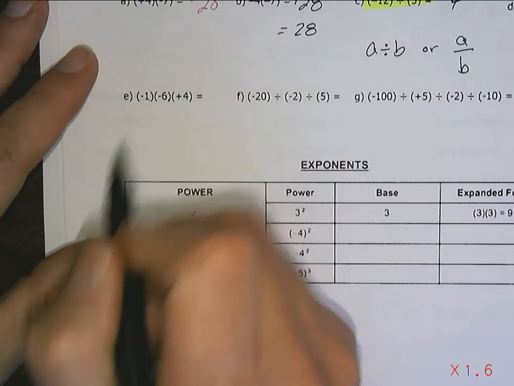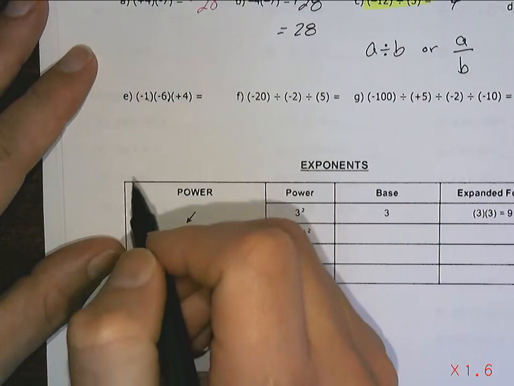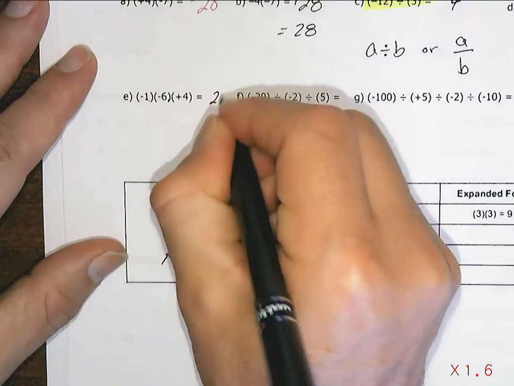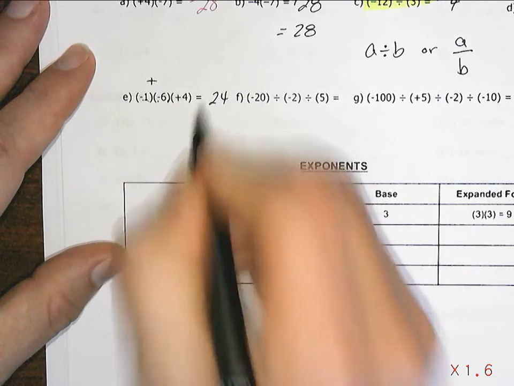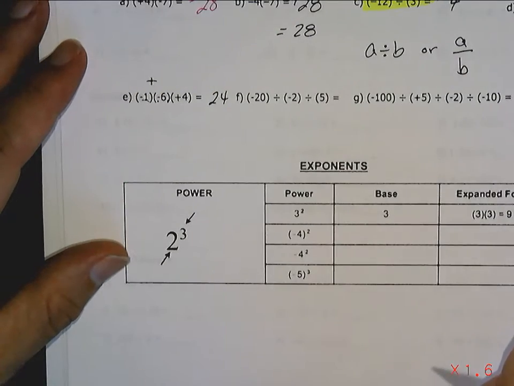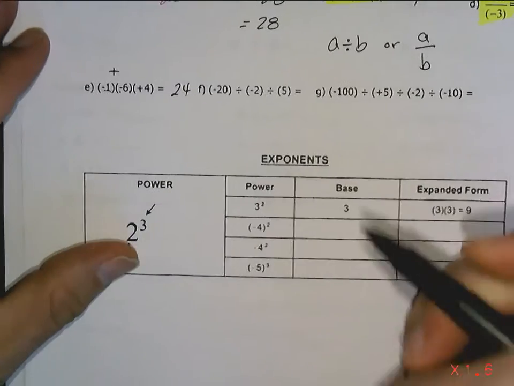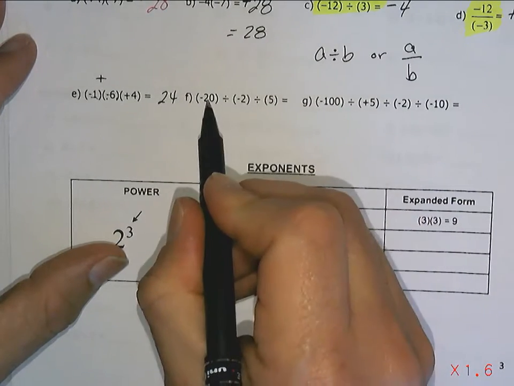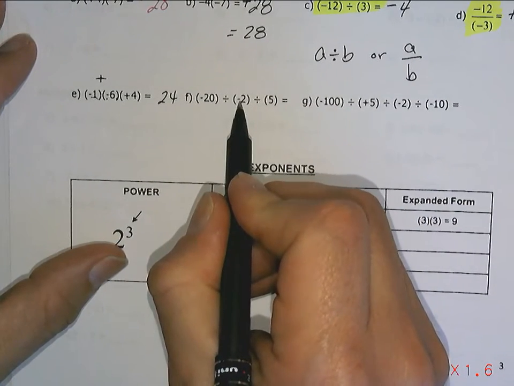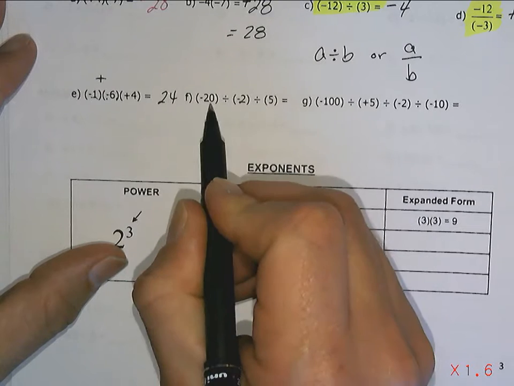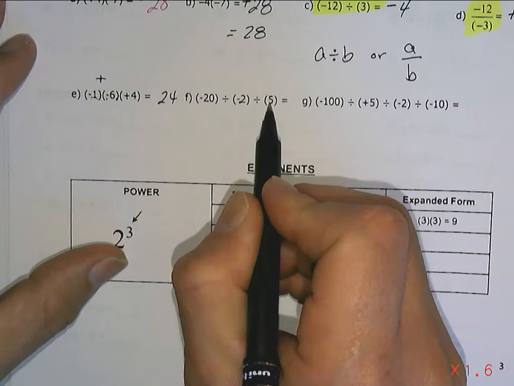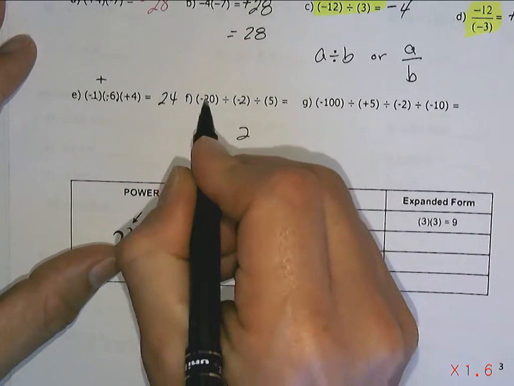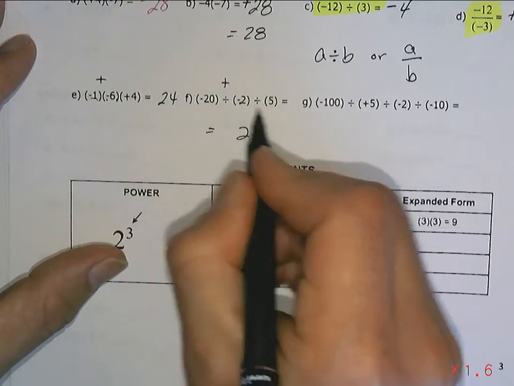So 1 times 6 is 6, times 4 is 24. A negative times a negative is a positive. A positive times a positive is a positive. See how I did that? Nice and slick. 20 divided by 2 is 10. Plus, 20 divided by 2 is 10. 10 divided by 5 is 2. Negative divided by negative gives me a positive.